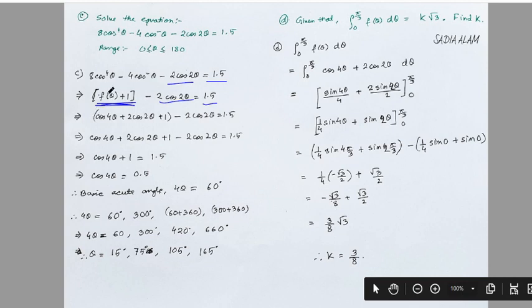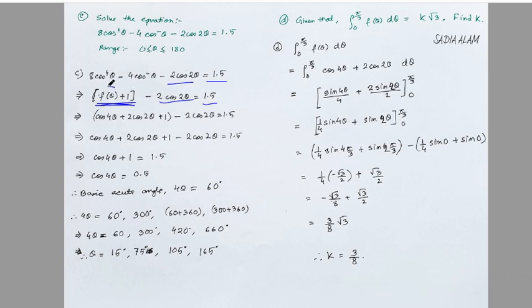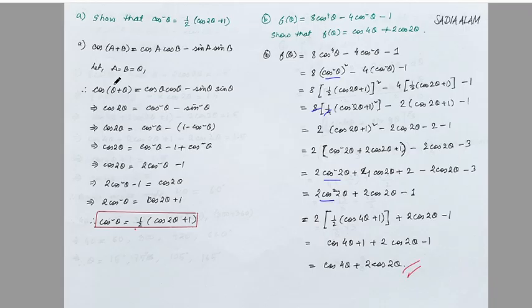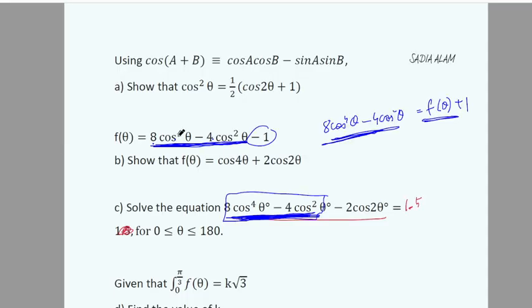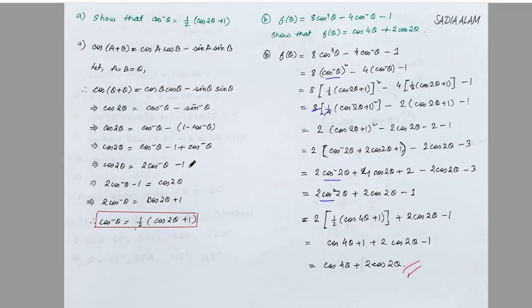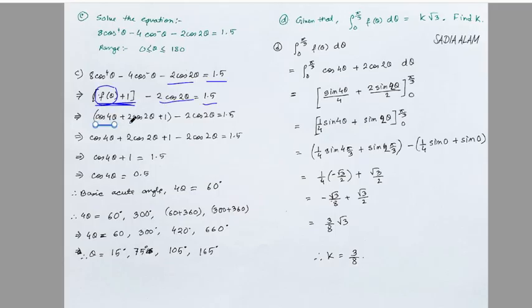Okay, so we have f of theta plus 1 and f of theta. We have two equations of f of theta. This one we just replaced, right? So you use the second one, the simpler one. So it's cos 4 theta plus 2 cos 2 theta. You replace that one. So cos 4 theta plus 2 cos 2 theta is the value for f of theta. We still have plus 1 here.